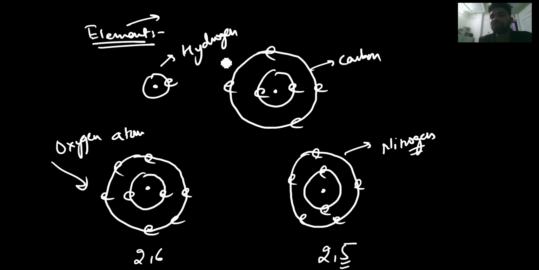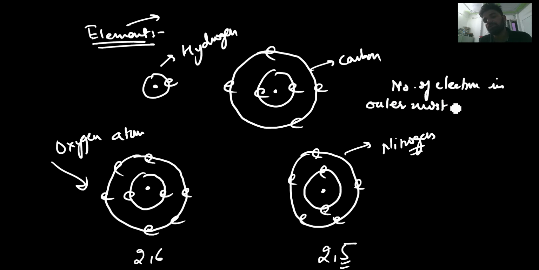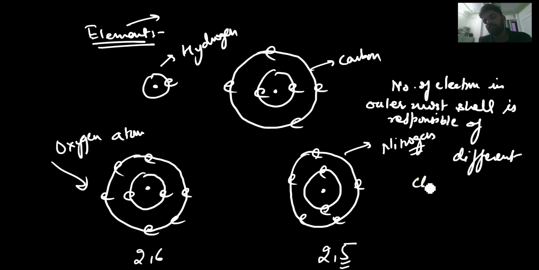Okay, so now you understood my point: the number of electrons in the outermost shell is responsible for the different chemical properties of elements.